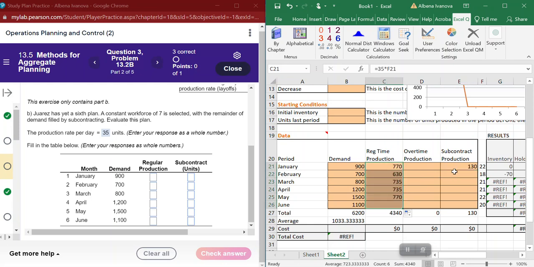And in the same way, I will produce the rest of the units.